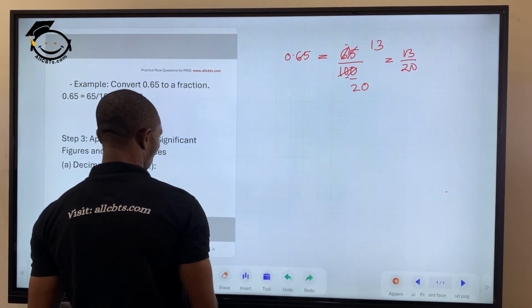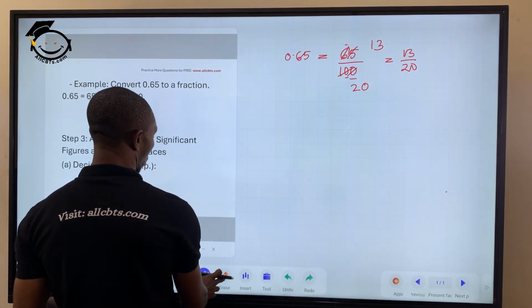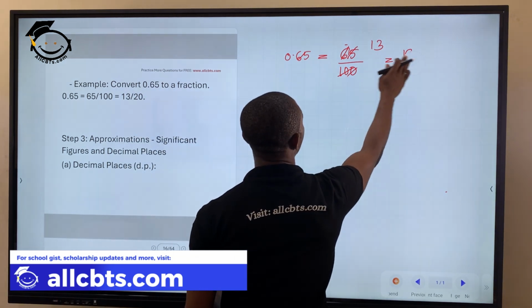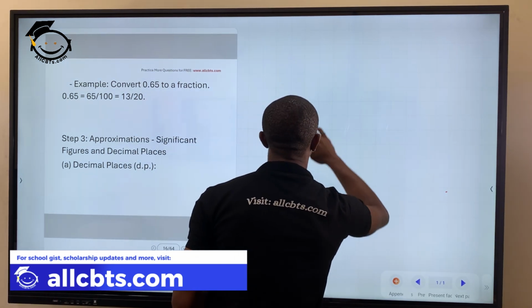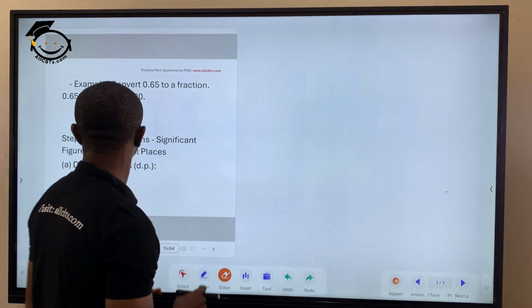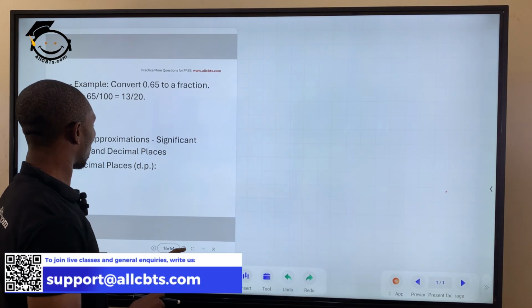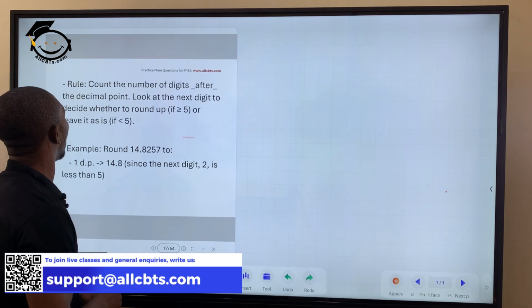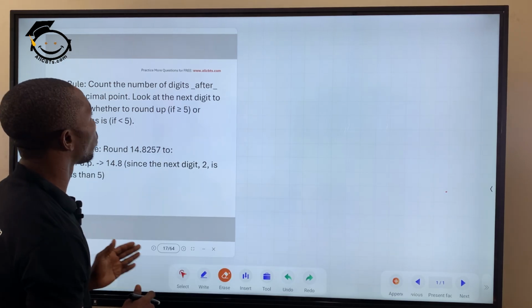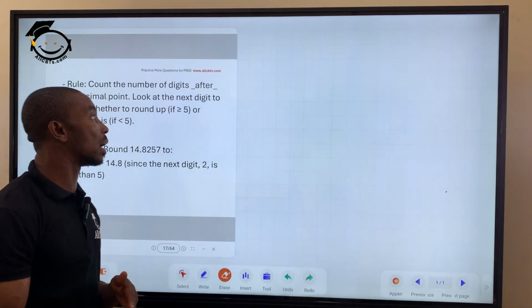All right, now we'll look at approximations, where we will deal with significant figures and decimal places. Now, talking about decimal places, decimal places are numbers after the decimal point.